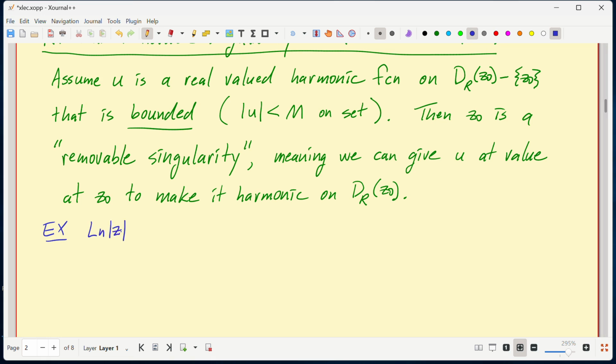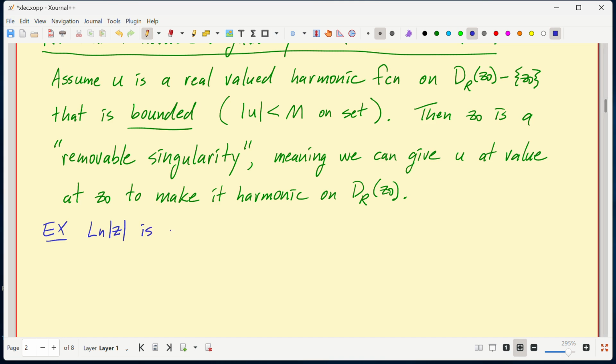That's harmonic because it's locally the real part of a complex log function. You just take the branch cut going out the other side. And you see, locally it's given as the real part of a complex log, so it's harmonic.